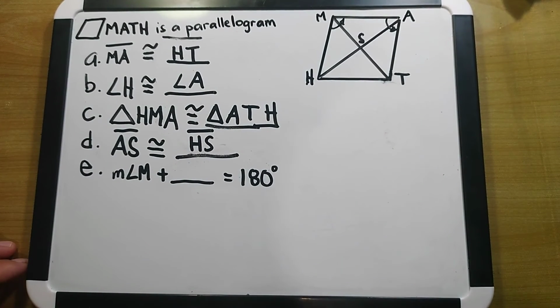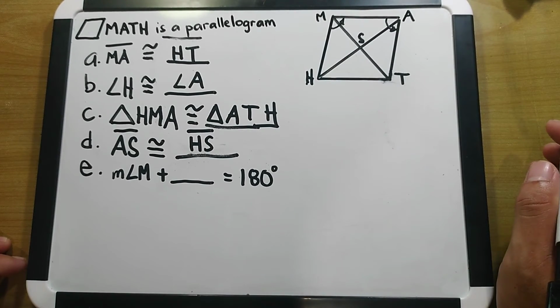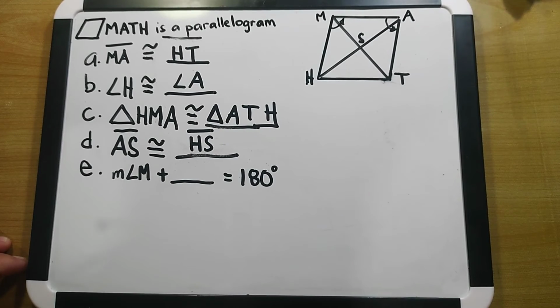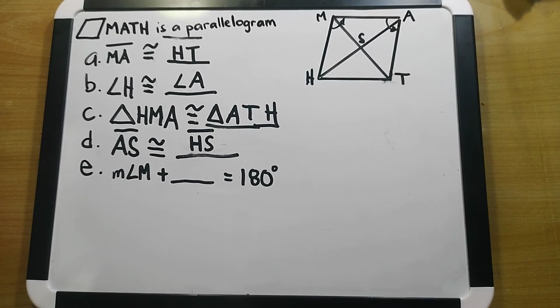And finally, we have letter E. The measure of angle M plus blank is equal to 180 degrees. We are going to look for the consecutive angle to angle M. In this figure, what is the consecutive angle of angle M? We have three other angles, angle A, angle D, and angle H. Of these three angles, which one is consecutive to angle M?